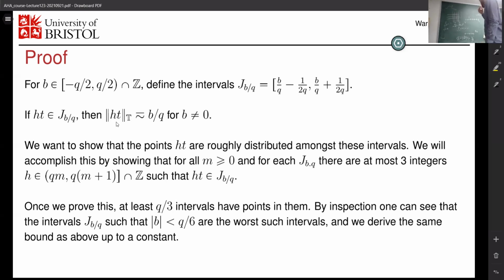I can parameterize it by doing a slight shift, so that I look at each b over q. So this is b over q, and my intervals are just symmetric about that point, so that the half distance here is 1 over 2q. And I parameterize it as that sort of family.